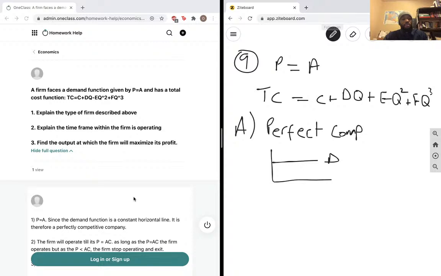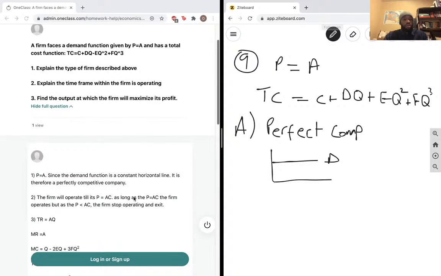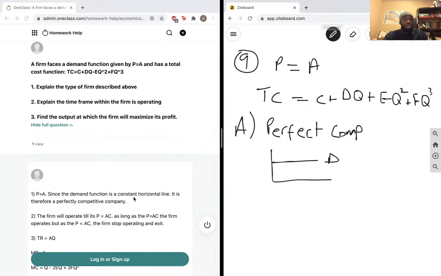Explain the time frame within which the firm is operating. So the firm will operate until P equals AC. As long as P equals AC, the firm operates, but if P is less than AC, the firm will stop operating.